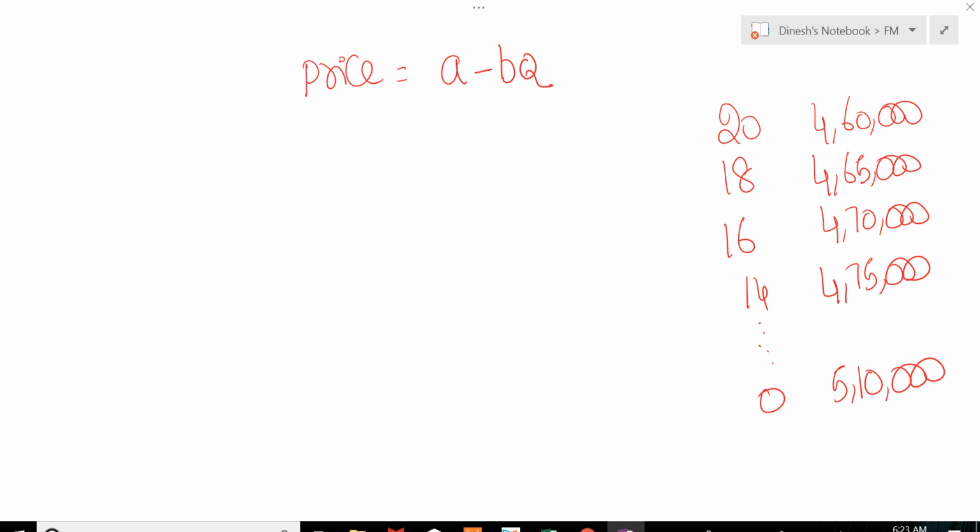Hence the company will sell 0 units at a price of 5,10,000.